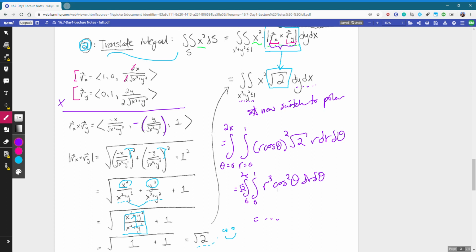Looks like we might have to use a double angle formula in our cosine squared to work that out. I do have what you should be able to get to. Just 1 second, it's not right in front of me.